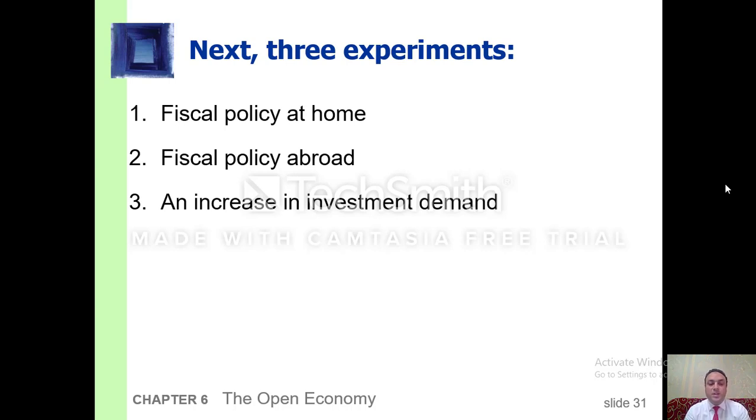When we talk about fiscal policy, we talk about government spending and taxes, and how the country increases or decreases them. We will see how this determines these variables at home in the local country or abroad in foreign countries, and also what happens when the demand for investment increases.